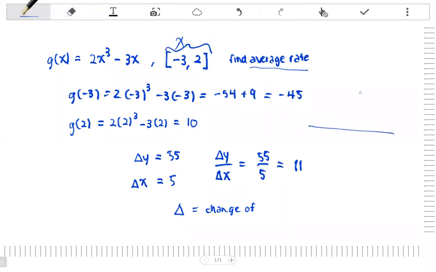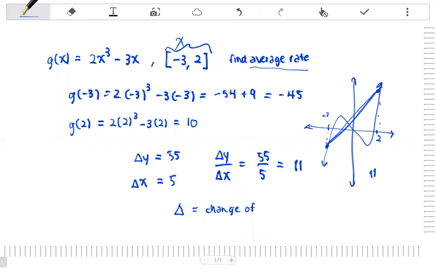So if we graph this function, 2x cubed would look, I'm not sure, but if we graph this line connecting the two dots at -3 here and 2 here, this would have a slope of 11.